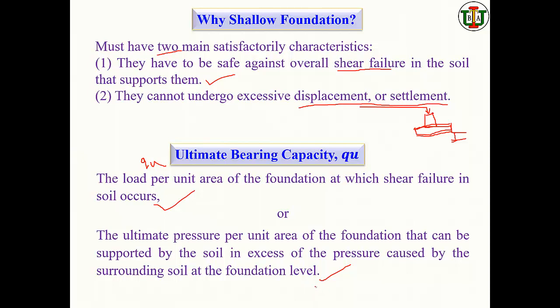Up to which condition these foundations can carry the load coming, might be from the structures, might be from the surrounding soils, up to which level the soil can take the load, that limit we consider the ultimate bearing capacity.